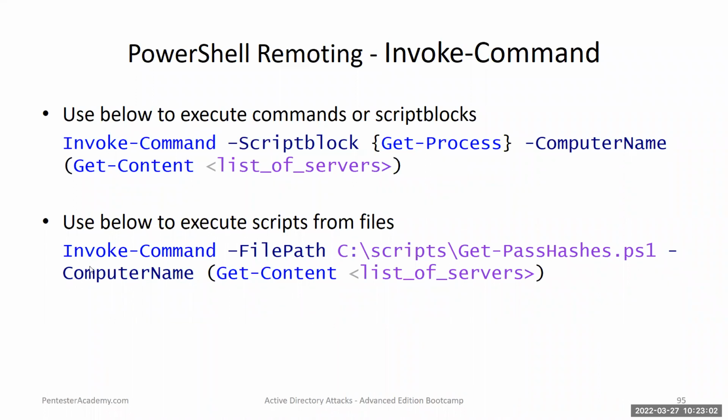So if you run the below one, Invoke-Command -FilePath, the path of the script, then when you run this, what happens is this script is read from the local machine, converted to a base64 encoded script, and then executed in memory of all of these servers. That is what makes PowerShell remoting very attractive.